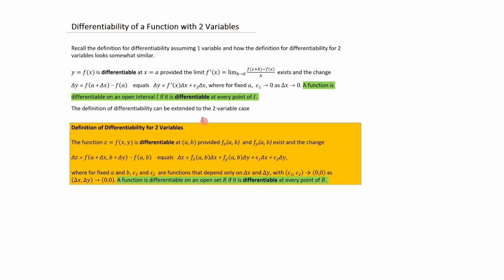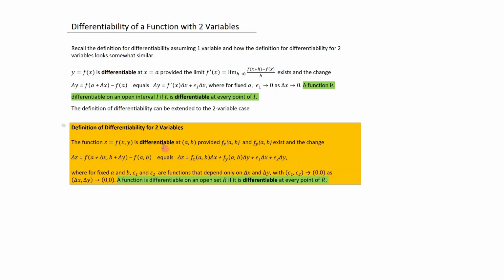Now, using the same platform, we can extend the definition of differentiability to the two variable case, except we now have two derivatives to consider, both being partial derivatives. So let's see what the difference is. First of all, it's a function of two variables, so we have a function z equals f of x, y.